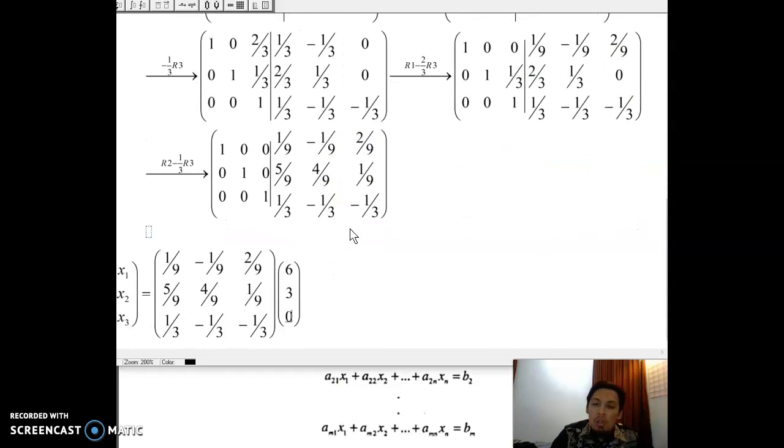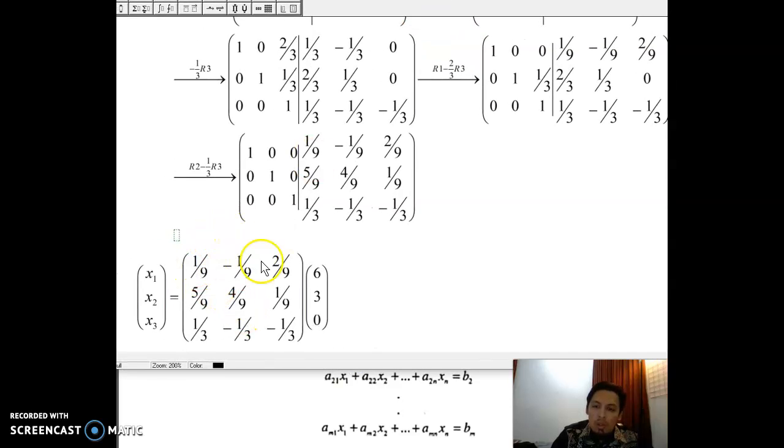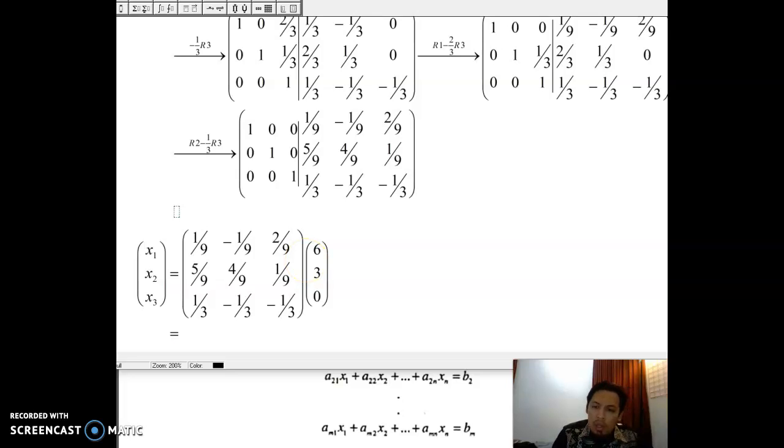We now need to substitute this into the formula x equal to A inverse times B. We know that it is a 3 times 3 matrix multiplied with a 3 times 1 matrix, so it can be multiplied, and at the end we should get a 3 times 1 matrix, which will give us the answer of x1, x2, x3.